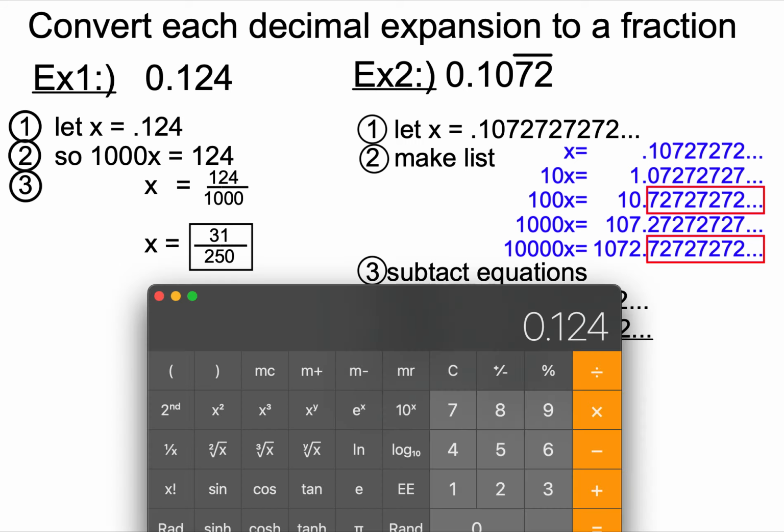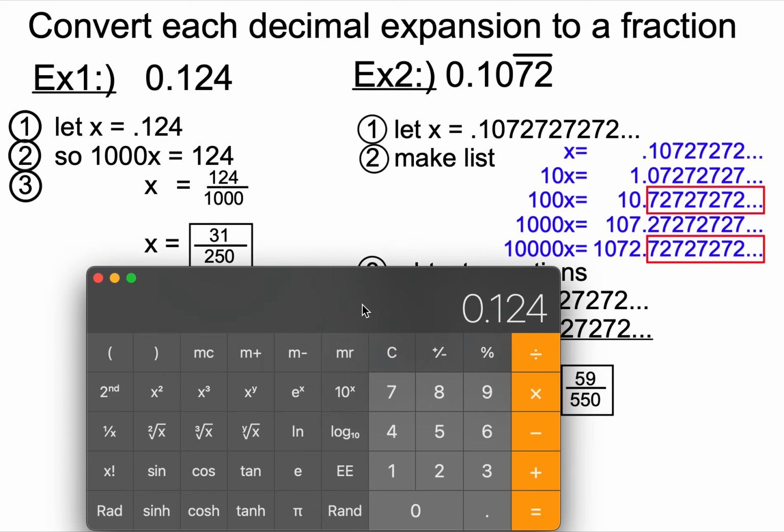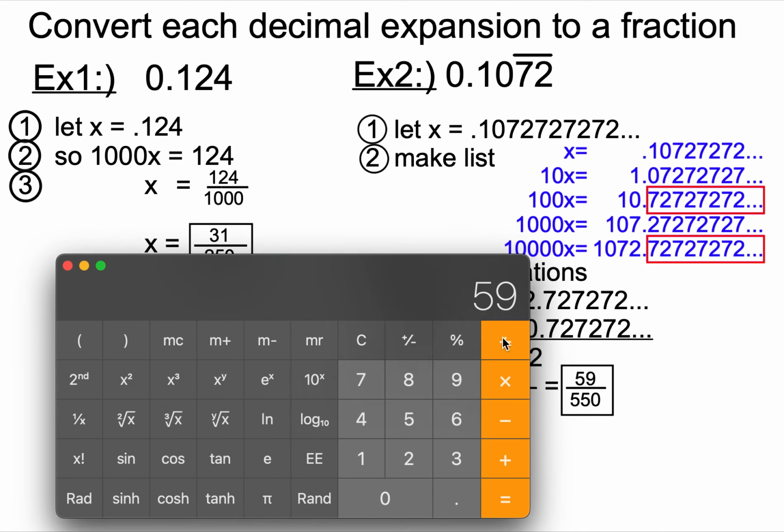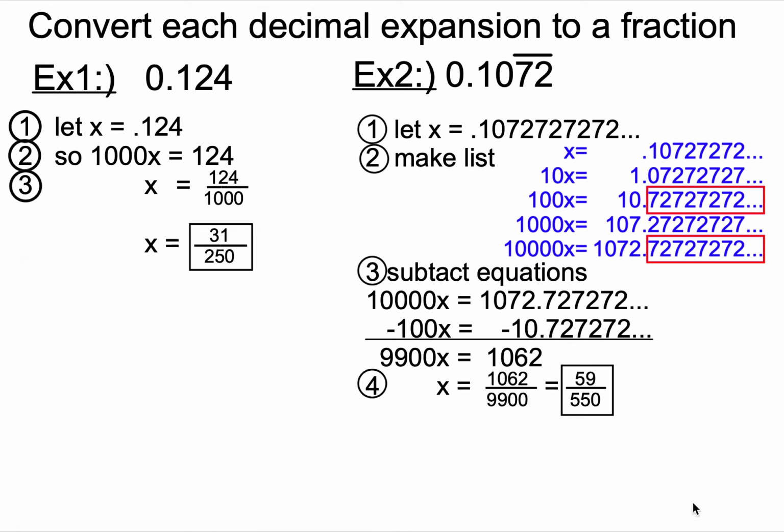And if I check my answer on that, 59/550, let's try that again. 59 divided by 550. That's not the right thing. I must have typed something in incorrectly. Let's clear the memory. 59 over 550 is 0.107272. So that does actually match up.